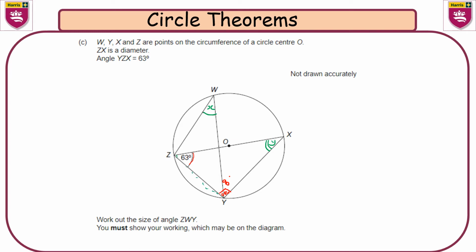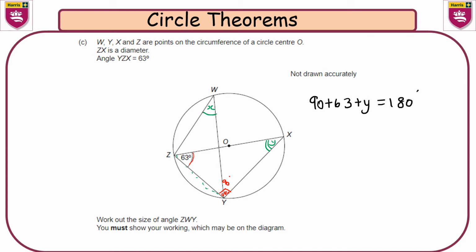So let's show our workings out. Since it's a triangle, Y, 90 and 63 will add up to 180 degrees. 90 plus 63 plus Y will give you 180 degrees.